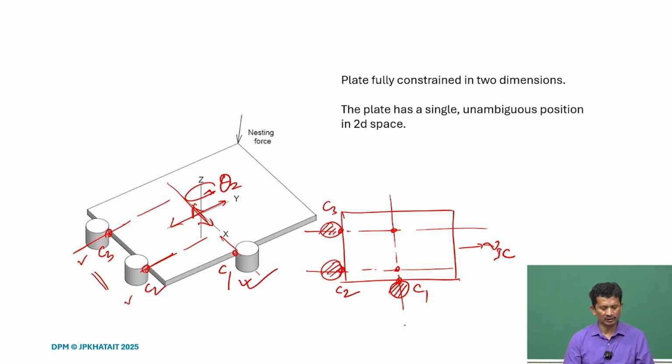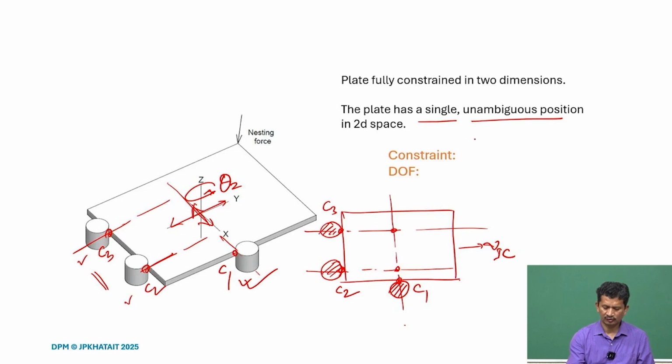Therefore, in the 2D case, if we put these posts or contacts in this way, it will be fully constrained, and the plate has a single unambiguous position in 2D space. What does it mean? It is well defined. Every time we place the plate against these three posts, it will always go to the same location, so the repeatability will be very high in this case.